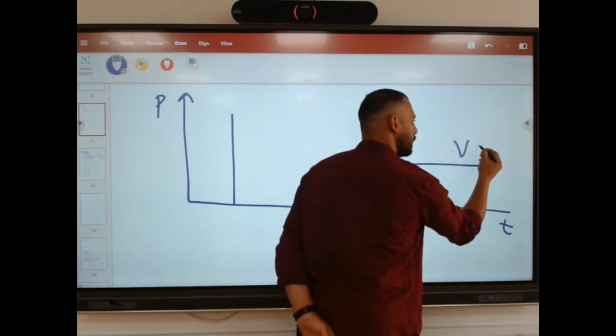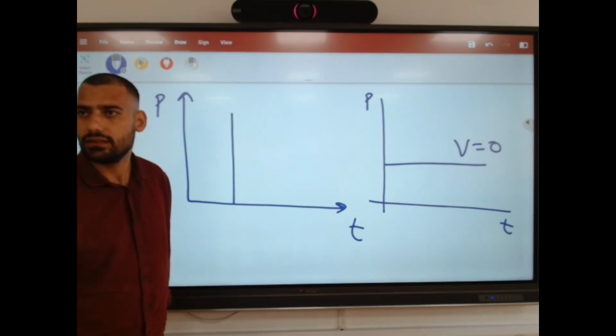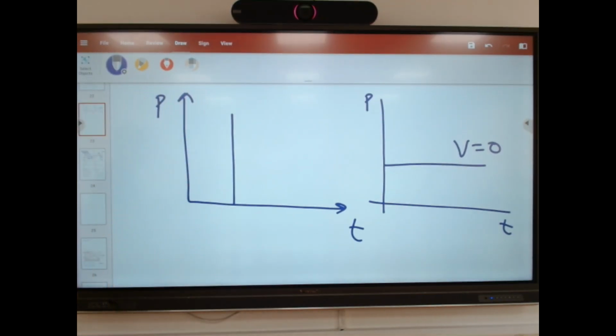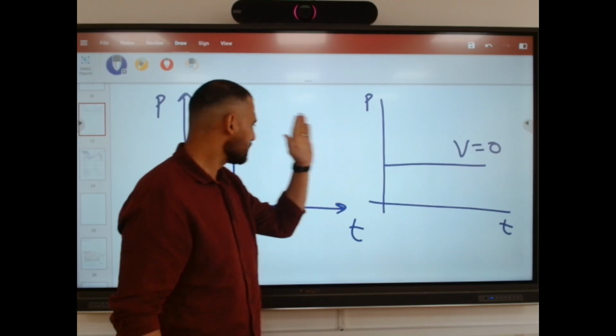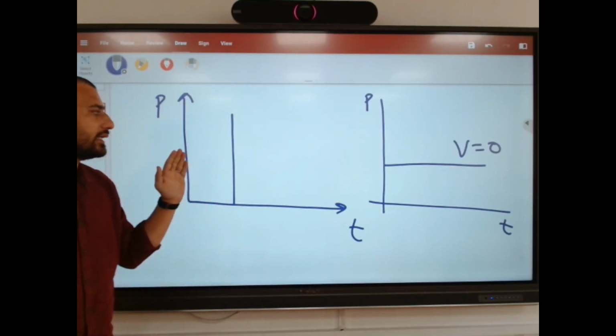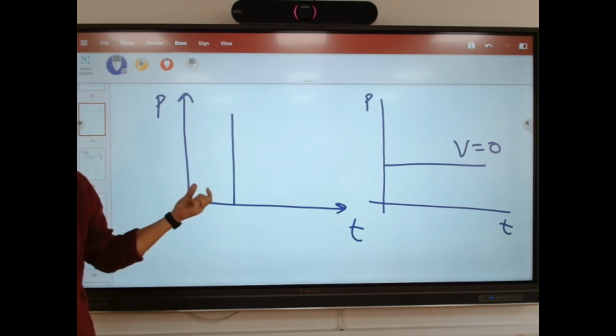So the slope is 0, velocity is 0, isn't it? This means the body is at rest, isn't it? But look at this graph. If there is a vertical line, this was a horizontal line, right? Now this is the vertical line. From the slope of this graph, what is the value? Anyone?